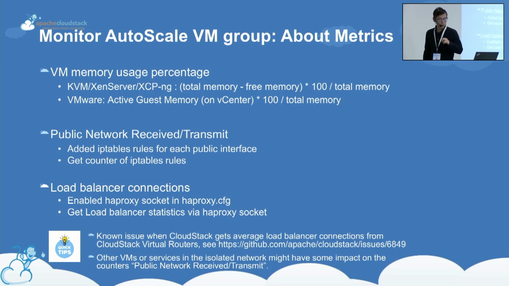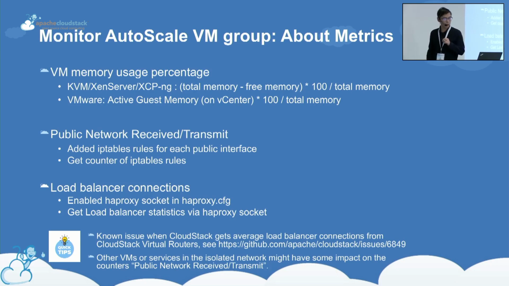There is an issue in CloudStack getting the average load balancer connections. I have logged the issue on GitHub. When we start a VM or stop a VM or make some load balancer changes, the HAProxy service in the CloudStack VR will be reloaded. That leads to an issue that the active connection is still alive, but the counter is reset to 0.